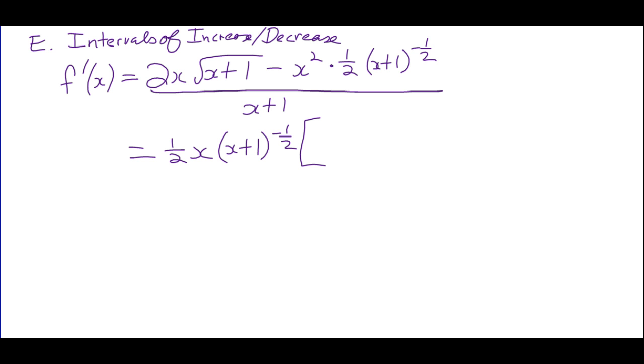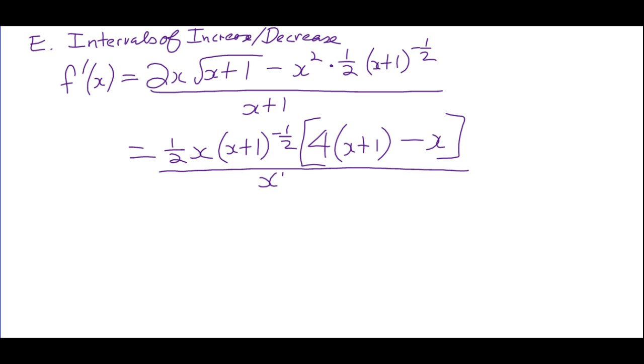I want to get 2x, so 2 divided by 1/2, so 4. And this is going to be an x plus 1, right? So I got x plus 1 to the -1/2 times x plus 1 to the 1 gives me the x plus 1 to the half, or the root. Minus, I already took out the half, and I took out one of these x's, so that's just going to be minus an x. And this will be an x plus 1.